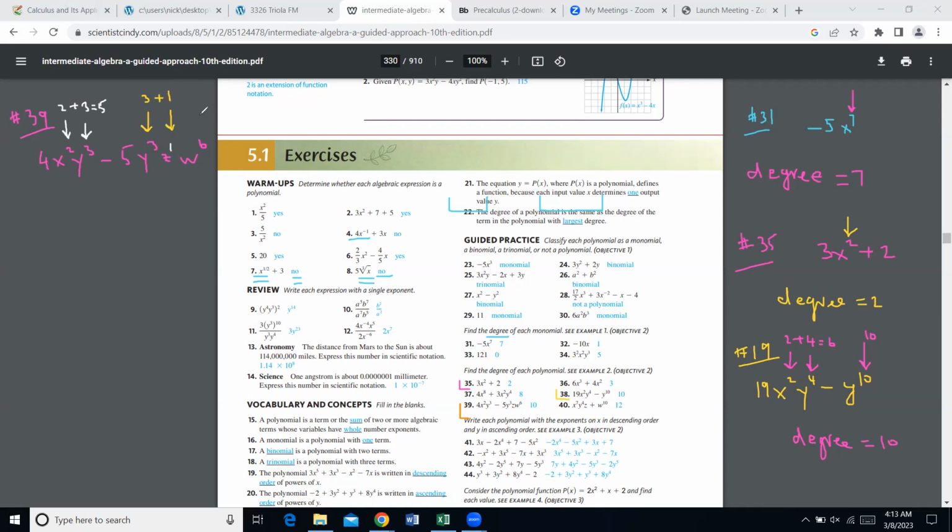And finally, 6. So when I add these 3 numbers, I get 10. So this is the largest power of the terms that I have. That's why I declare the degree of this polynomial equal to 10. So the largest power is what we care about, the degree.